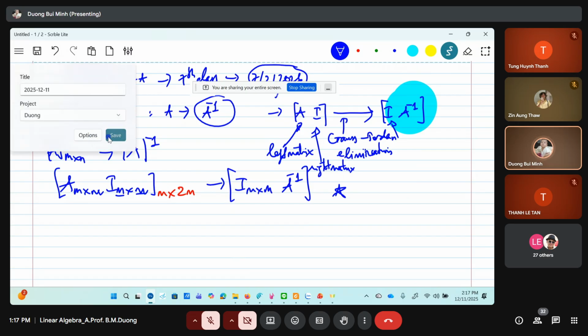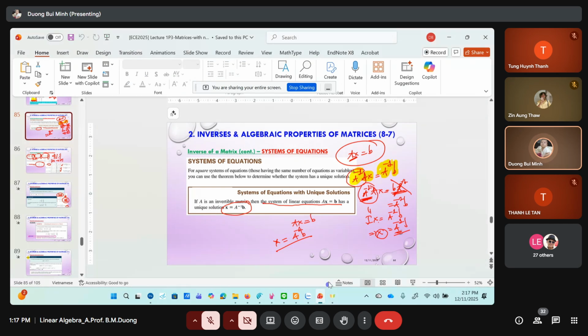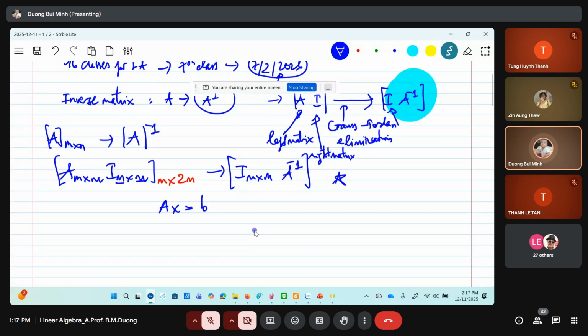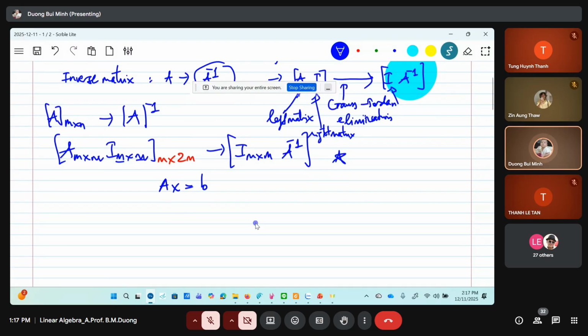So coming back to the lecture, we also studied how to determine the solution of linear systems. For example, we have matrix A times X equals B. This is the general formula of linear systems.